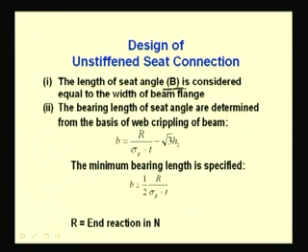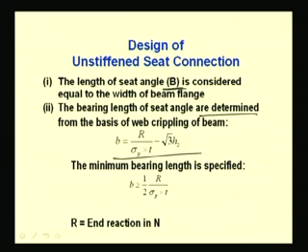Then the bearing length of the sheet angle has to be calculated. The bearing length can be determined on the basis of web crippling of the beam, because we have to ensure that crippling in the web of the beam should not happen.